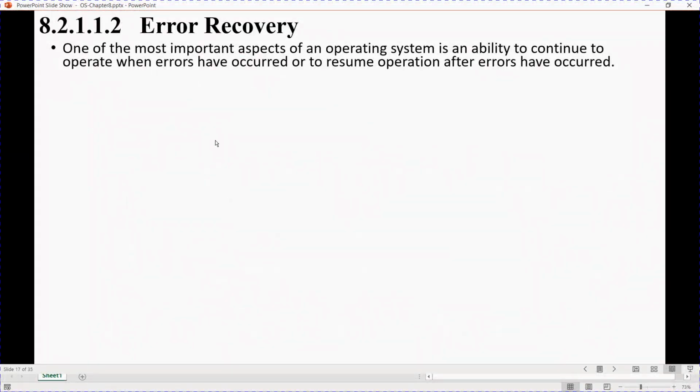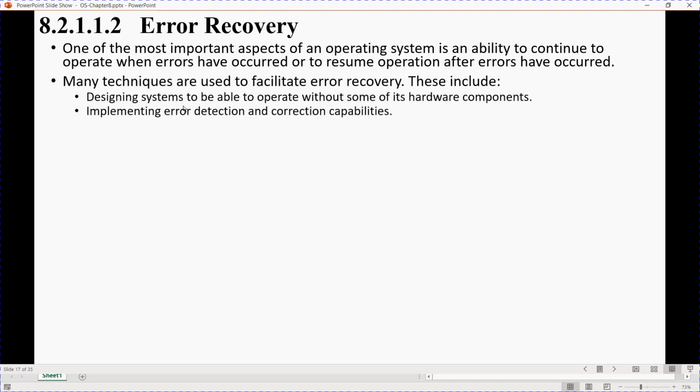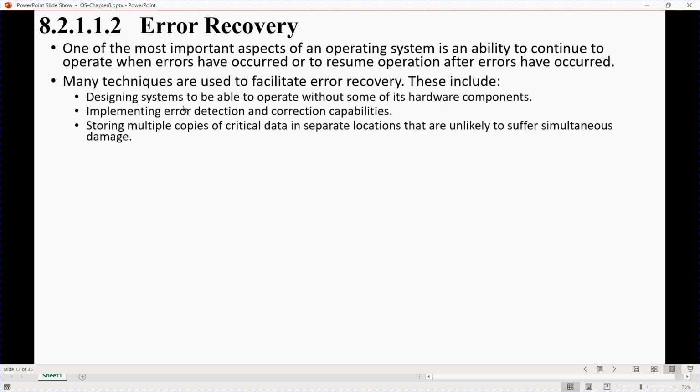One of the most important aspects for an operating system is to allow the system to continue operating even when errors have occurred, or to resume operation after errors have occurred. There are lots of techniques that have been developed to facilitate error recovery.